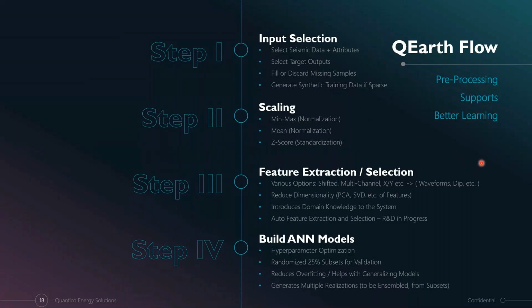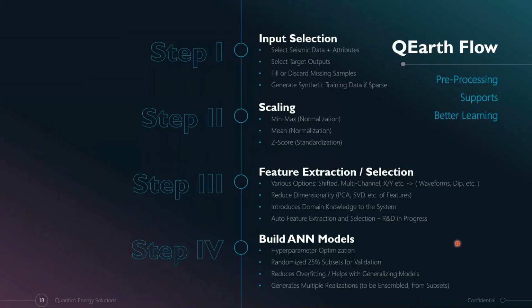And then you might want to extract more features like dip attributes or windows around the well logs for stability. And if we have a very high dimensional problem, you might want to use a method like PCA, principal component analysis, etc., for reducing dimensionality. And we have methods to automatically select the correct features and discard the ones that don't really contribute. And this is currently our R&D in progress.